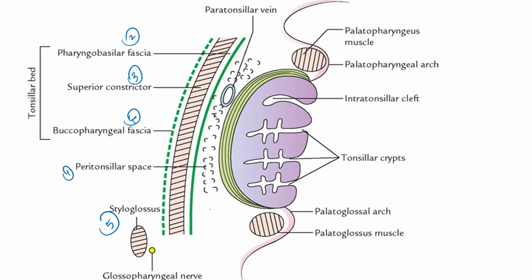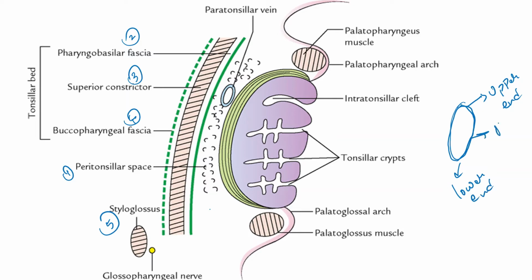Moving on to the presenting parts of the palatine tonsil. As I have already mentioned, the palatine tonsil is an almond shaped mass of lymphatic tissue which has two ends, the upper end and the lower end. It has got two borders, the anterior and the posterior border.